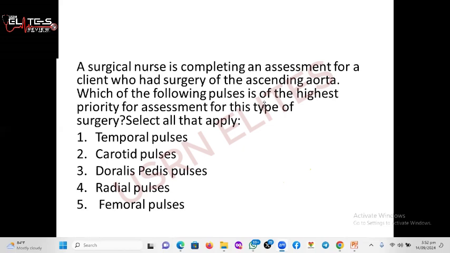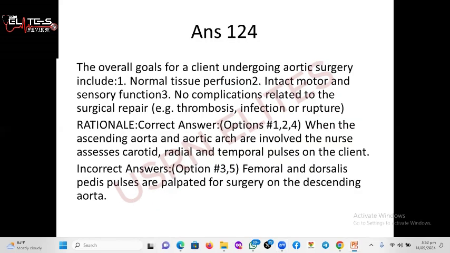I see people going for 1, 2, 4. 1 is temporal, 2 is carotid, 4 is radial. Okay, that is fine. Those are the ones that get much more affected.